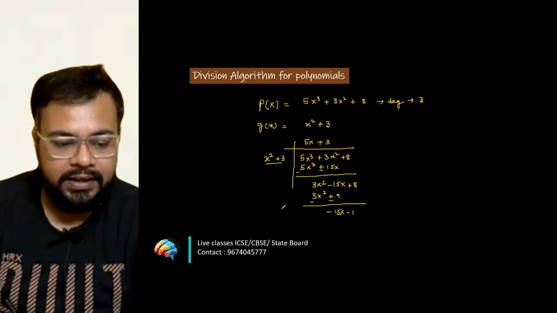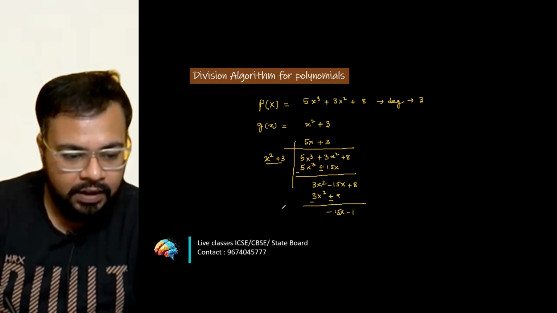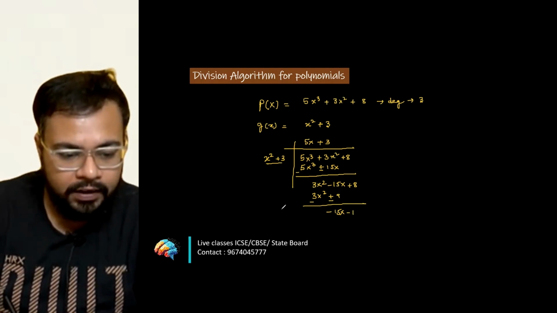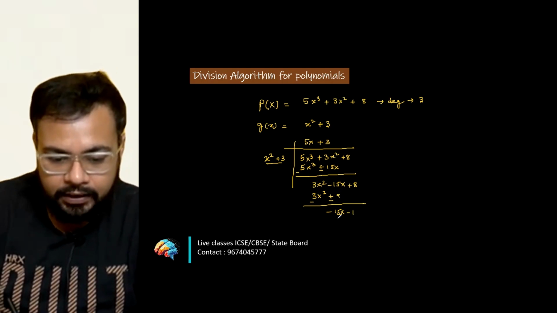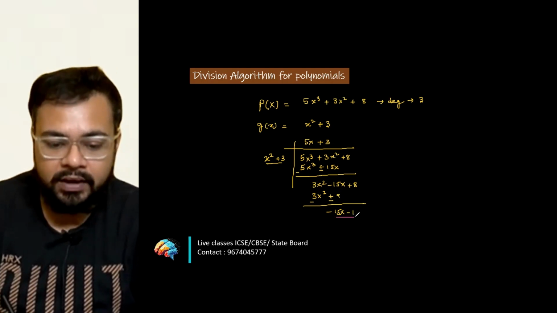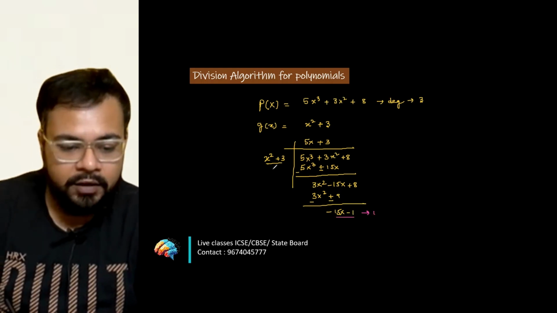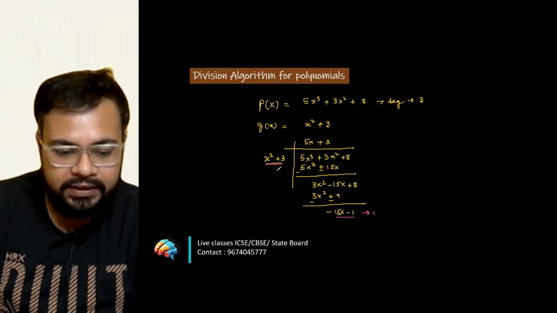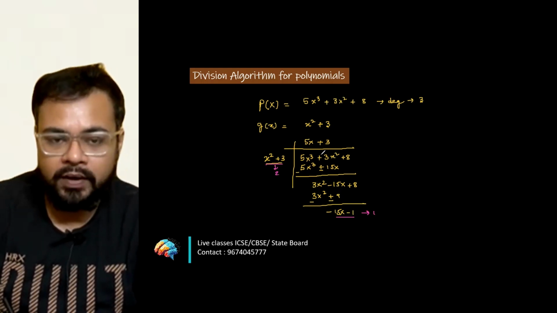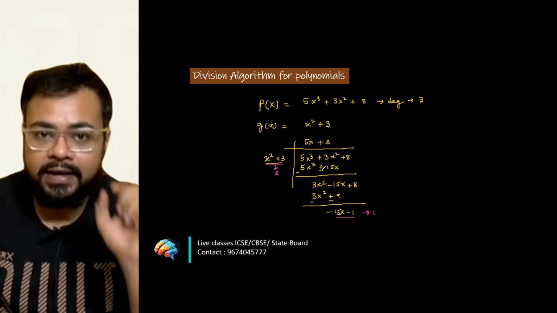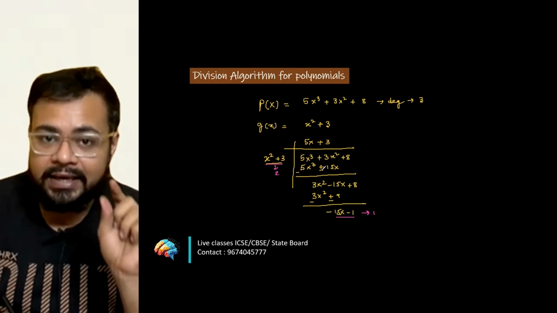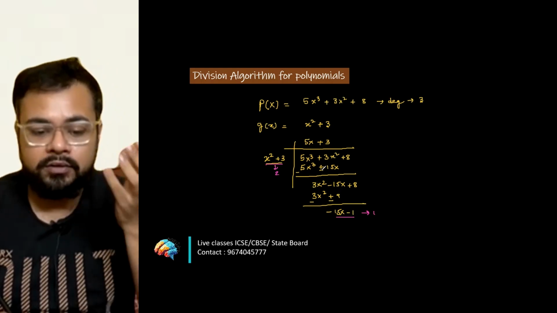I cannot. That is because the degree of this expression over here is 1, whereas the degree of the divisor was 2. When the remainder is a polynomial, it should have a degree.